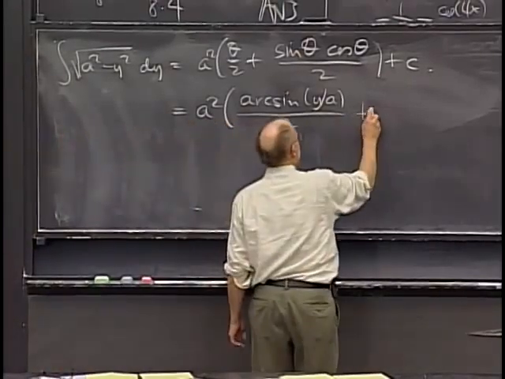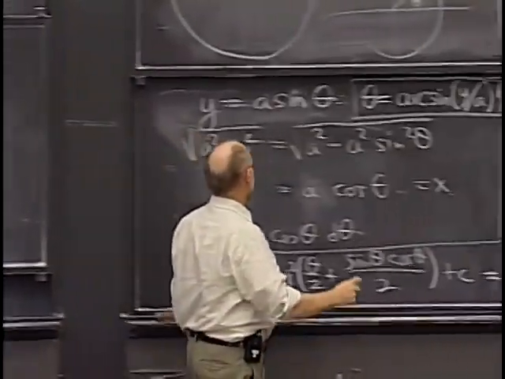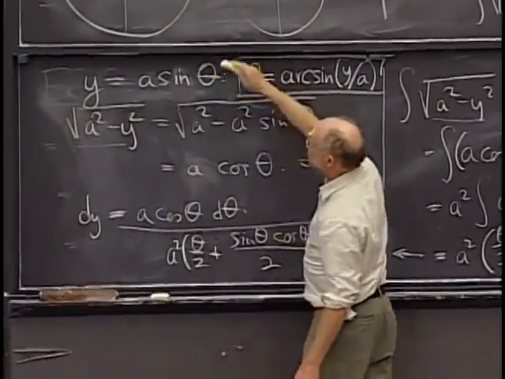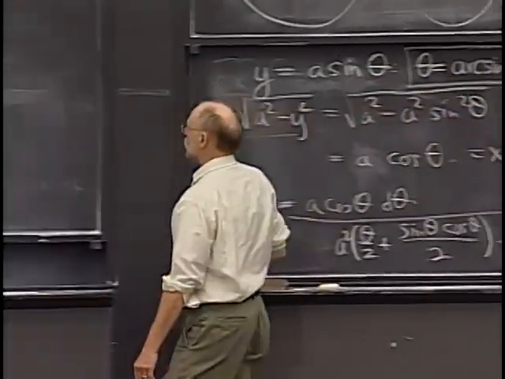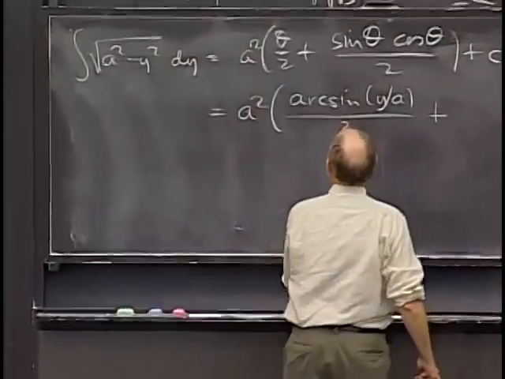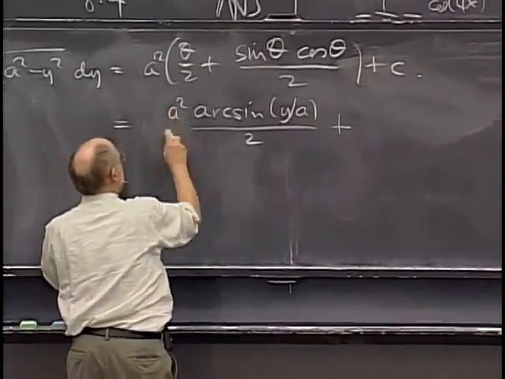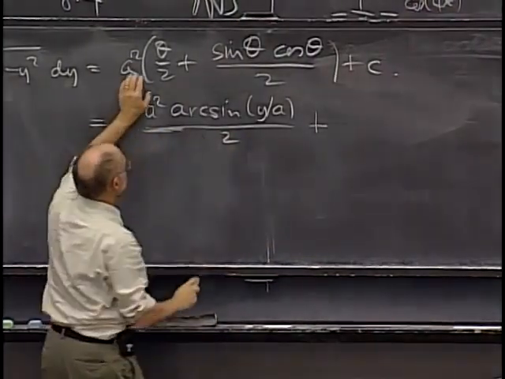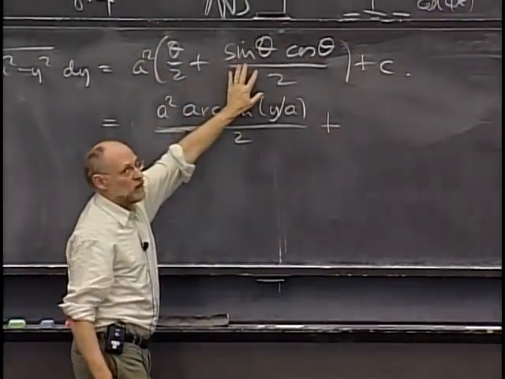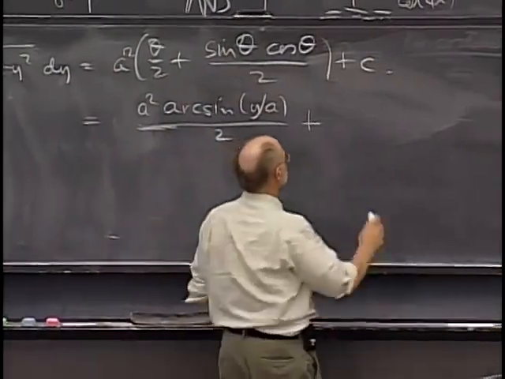What about the other side here? Well, sine and cosine, we knew what they were in terms of y and in terms of x, if you like. Actually, maybe I'll put the a squared inside here. That makes it a little bit nicer. Plus, the other term is a squared sine of theta cosine of theta. So the a times sine of theta is just y.